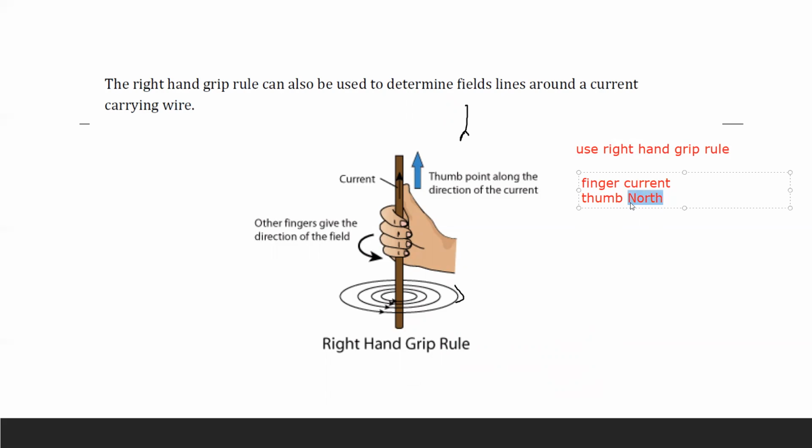The thumb will represent the direction in which the conventional current flows, and the fingers will turn in the direction of the magnetic field. If you grip with your thumb pointing up, like the current is going up, the fingers automatically show the direction of the magnetic field.